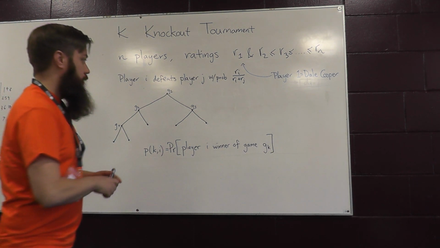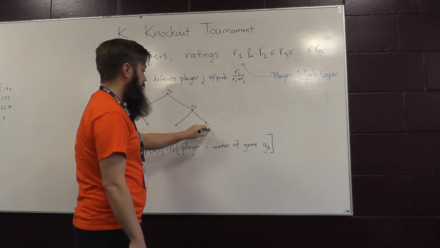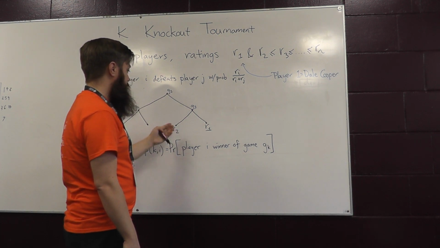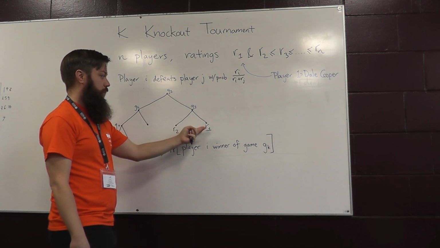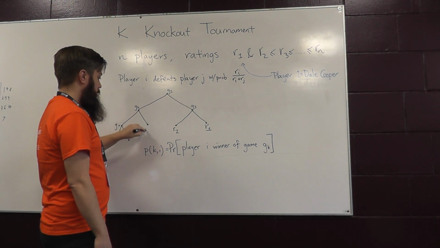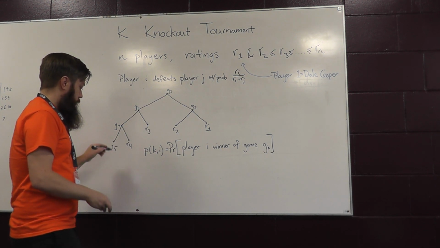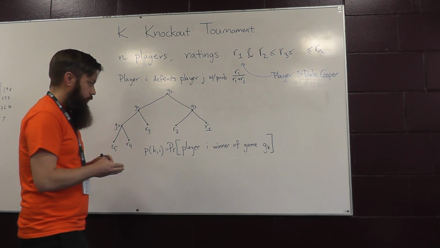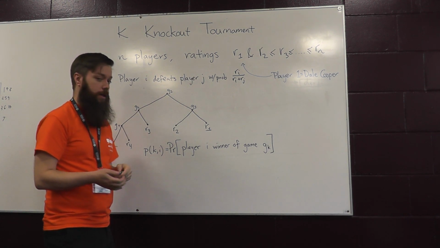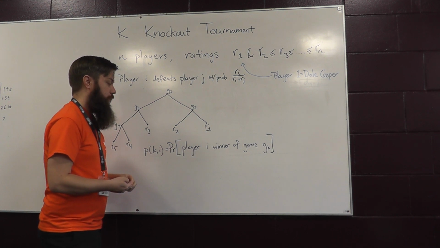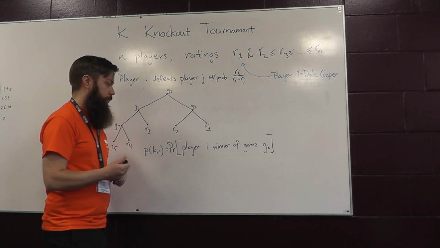We place Dale at the very end, then the weakest among the other players to meet Dale in the first round, and then R3, R4, R5, like this. That's part 1 of the problem, figuring out how to place the players in the tree.